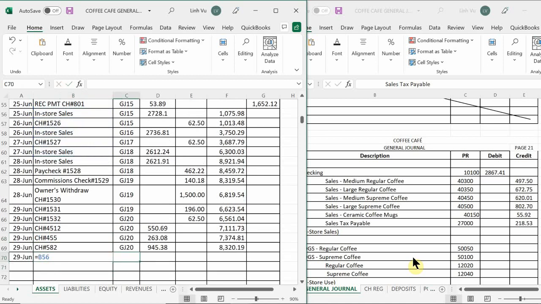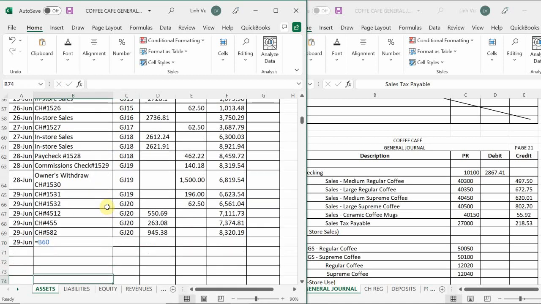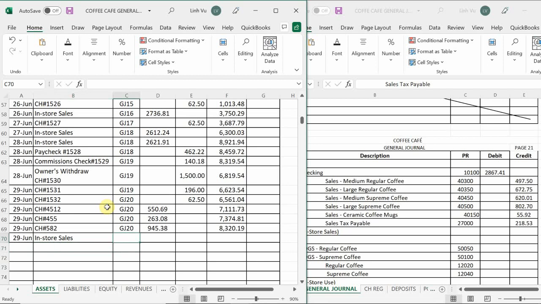All right, we got some in-store sales. It's journal 21. Okay. We just received 2867.41. All right. So how much money do we have now in the bank account?